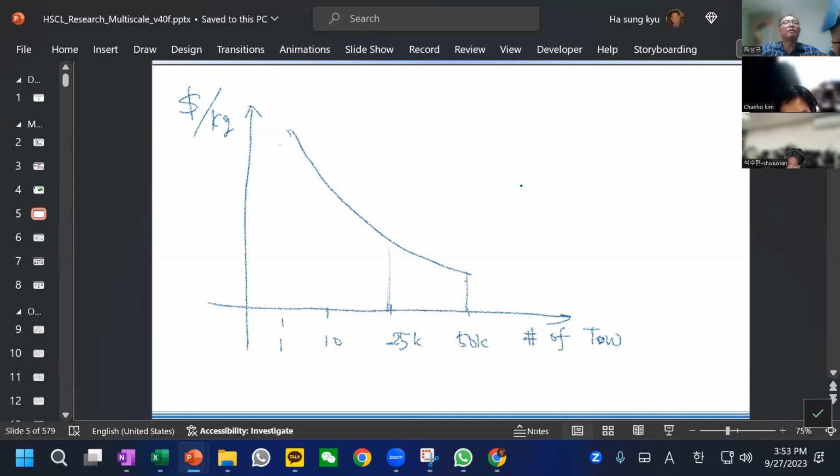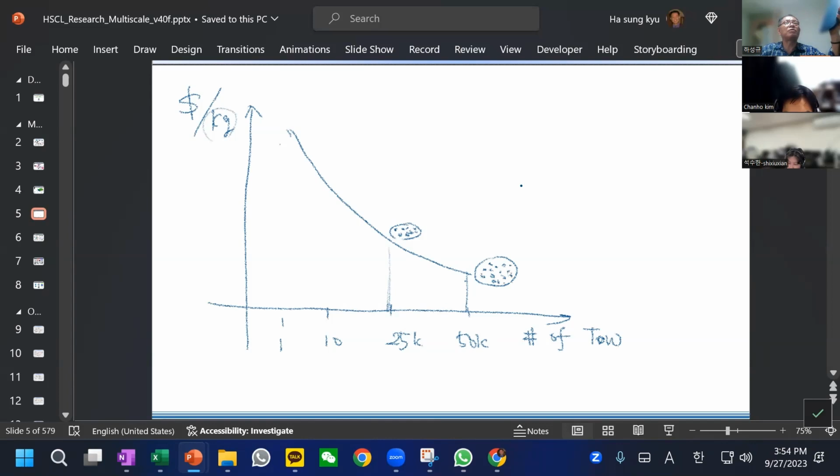So which means that in terms of price, this is per kilo. Okay, means that we have one toe, 24 times of filament, and this one 50 times of a toe.